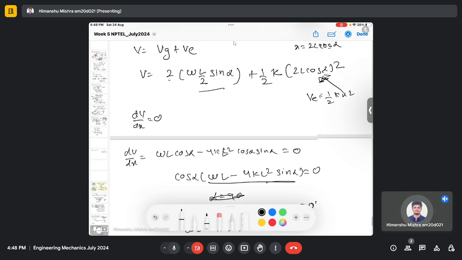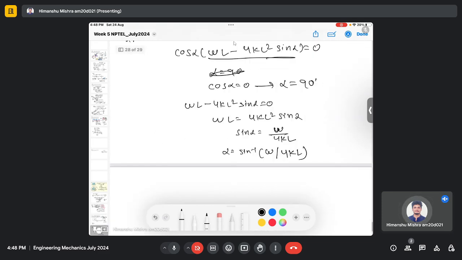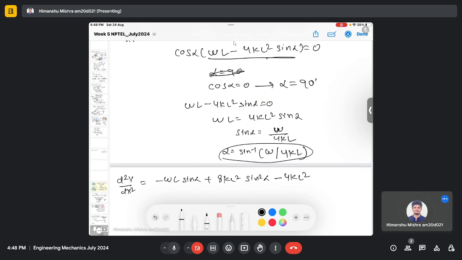Now in order to find whether this equilibrium angle is stable or not, we need to take the double derivative of the potential, which is minus WL sine alpha plus 8KL square sine square alpha minus 4KL square.